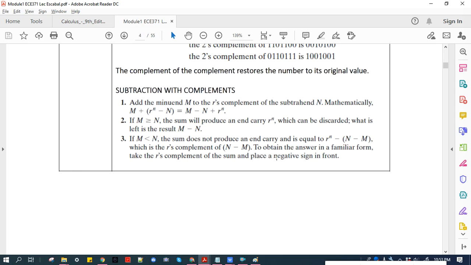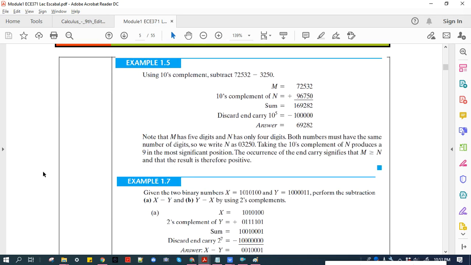In this example, our minuend is greater than N, so we just discard the end carry and take the answer, which is 69282.